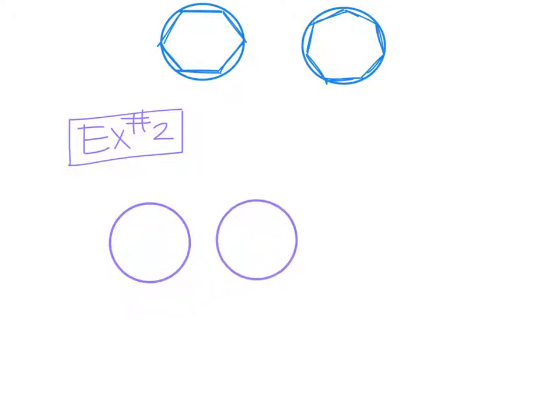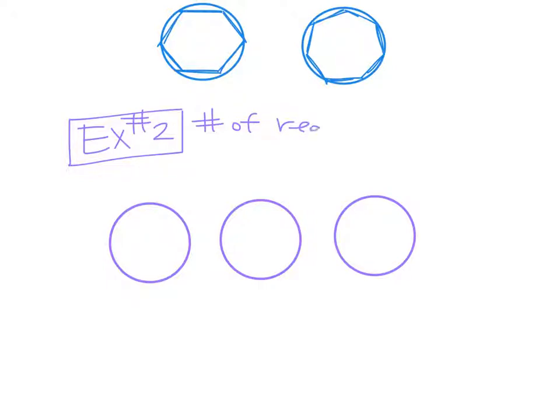All right, so in these circles, I want to know what conjecture you can make about the number of regions if there are 20 diameters.